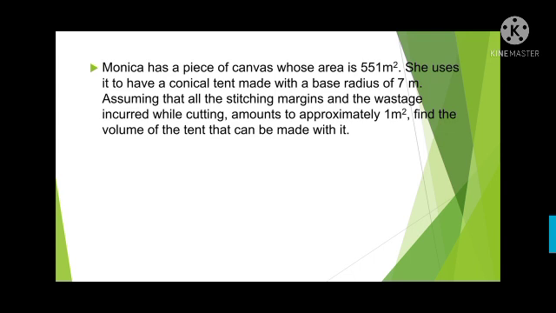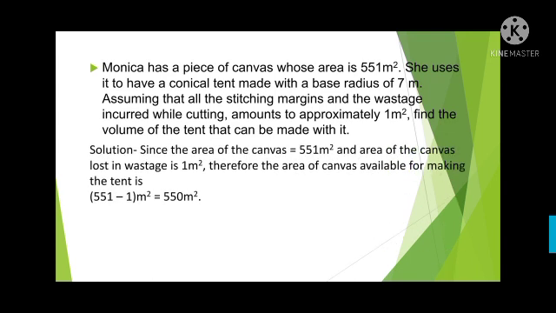Find the volume of the tent that can be made with it. All the values are in meters, so let's keep it in meters. Since the area of the canvas is 551 meters square and the area of canvas lost in wastage is 1 meter square, the area of canvas available for making the tent is 550 meters square.